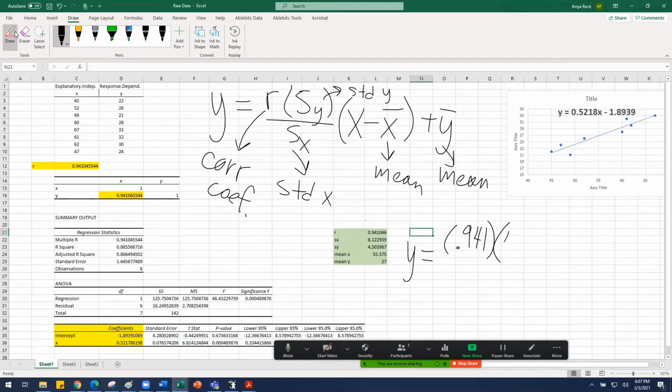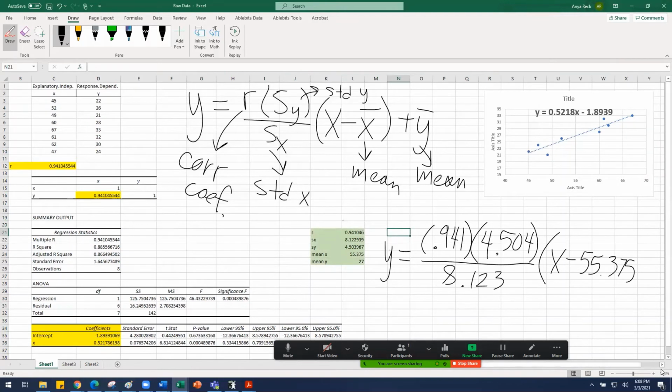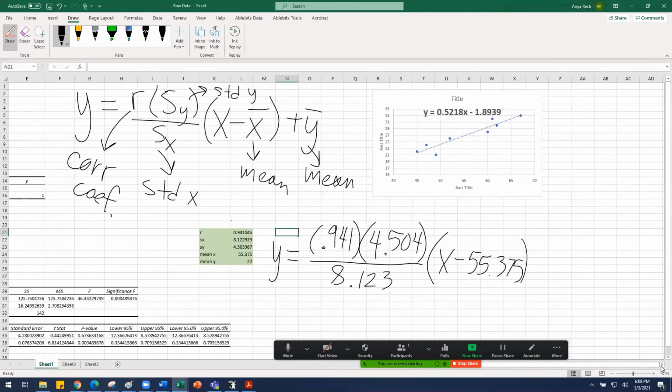Sy divided by Sx, x minus x bar plus y bar.